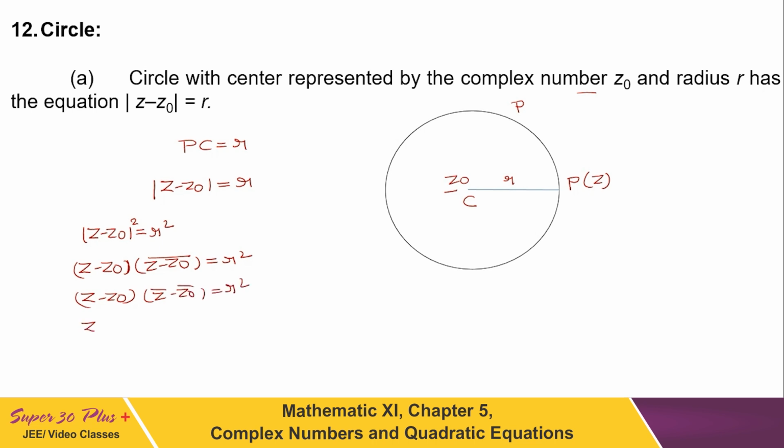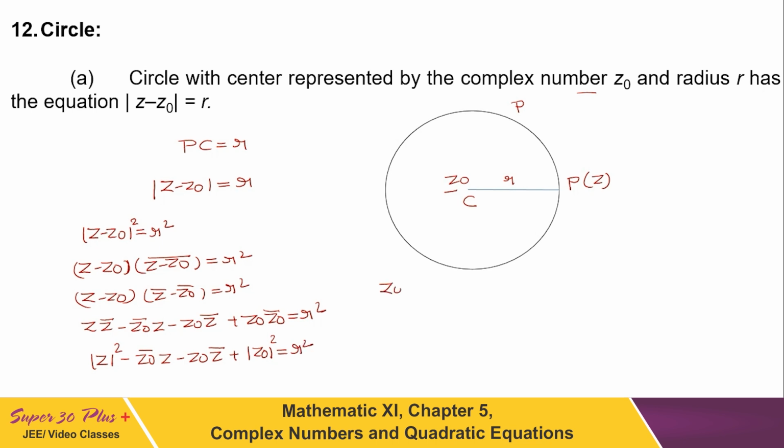Now simplify. It is z z bar minus z naught bar z minus z naught z bar plus z naught z naught bar is equal to r square. z z bar is mod z square, minus z naught bar z minus z naught z bar plus mod z naught square is equal to r square.